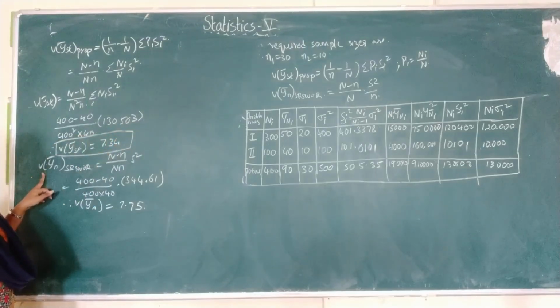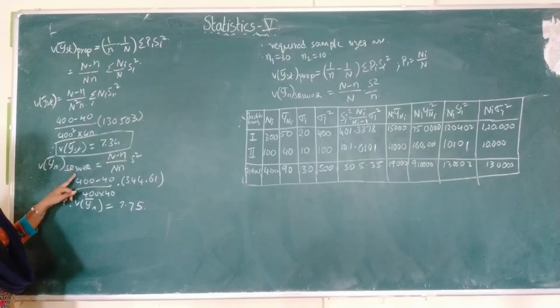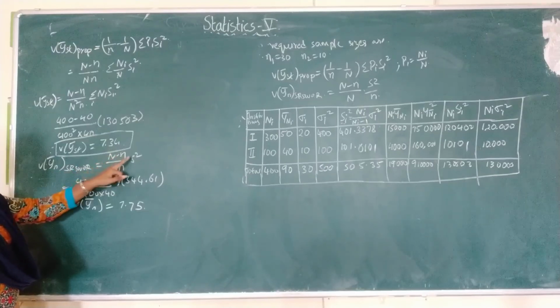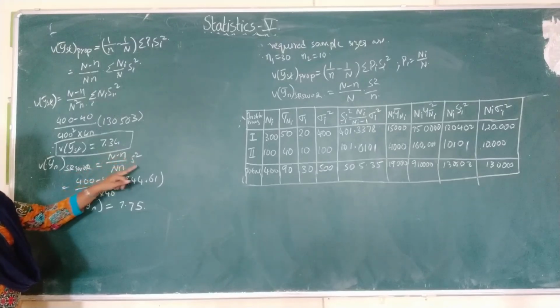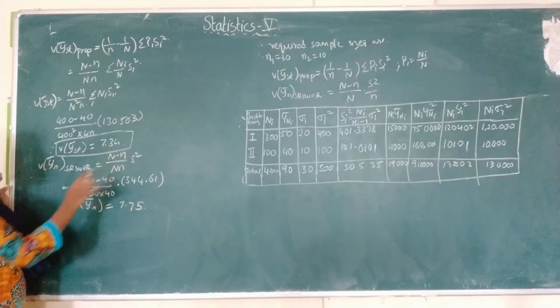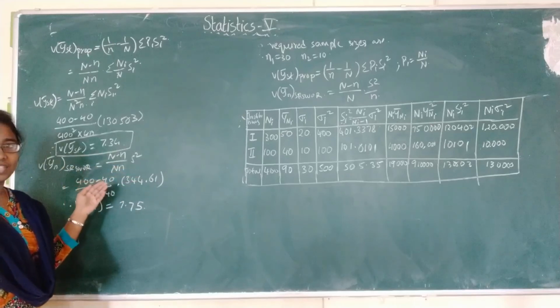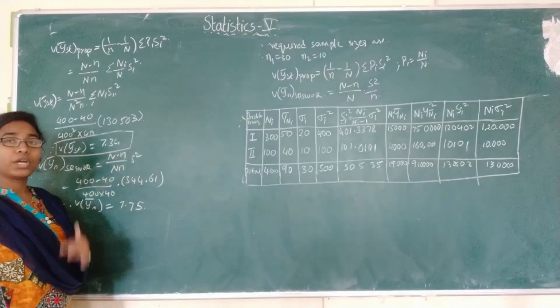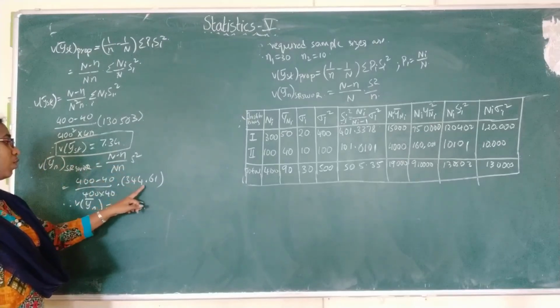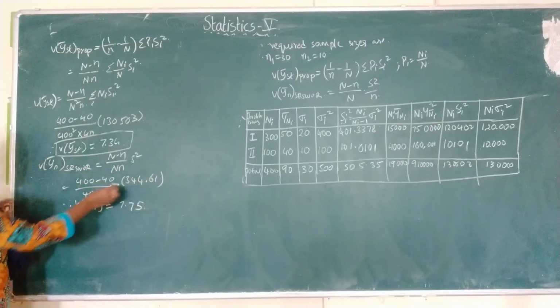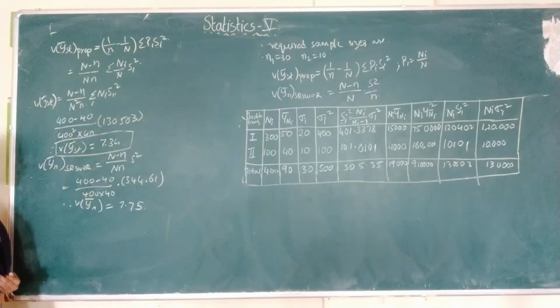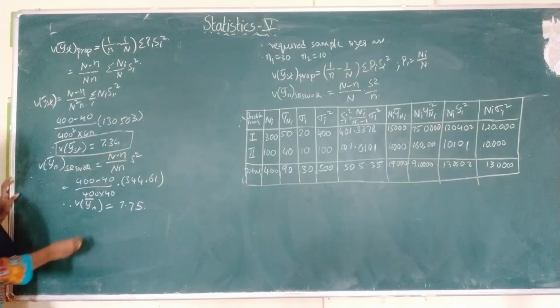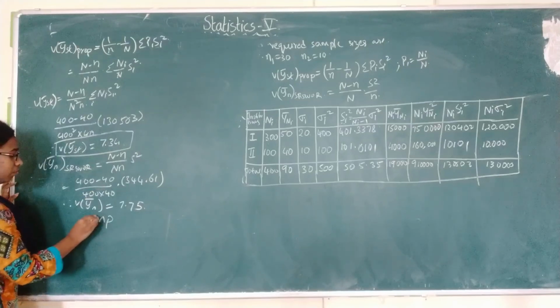Next, find the variance of Y bar n, that is, under simple random sampling without replacement. The formula is N minus n by N into n into s square. Substitute all the values. The s square value we got in the previous step, after simplifying, is 344.61. If you substitute it, you will get the variance of Y bar n as 7.75. Now, how do we compare?